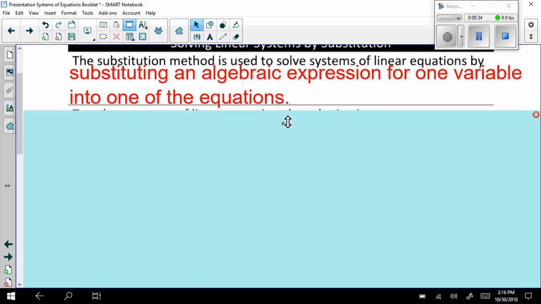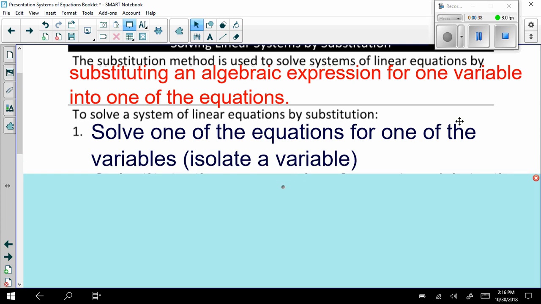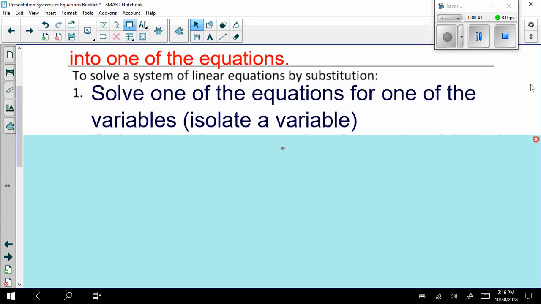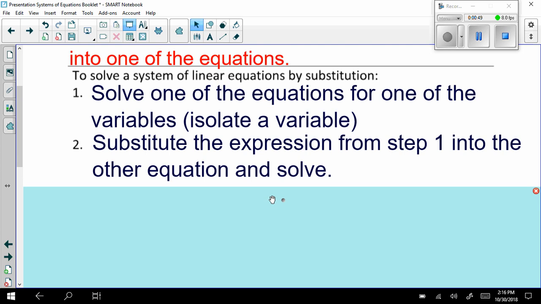So let's write out our steps first. The first thing you're going to do is solve one of the equations for one of the variables. You're going to isolate the variable. In a lot of cases, this step's already going to be done for you. Then you're going to substitute that expression into the other equation and solve.